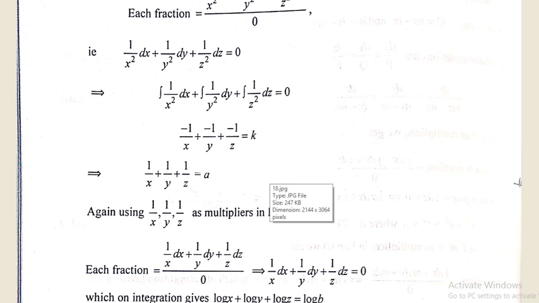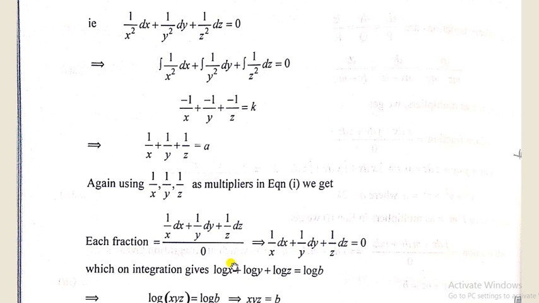Then integrate 1 by x dx, 1 by y dy, 1 by z dz. Its integration is log x plus log y plus log z equal to an arbitrary constant, written as log b. According to the logarithmic property, log a plus log b plus log c is log abc.